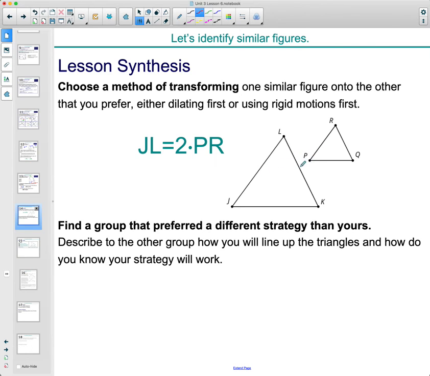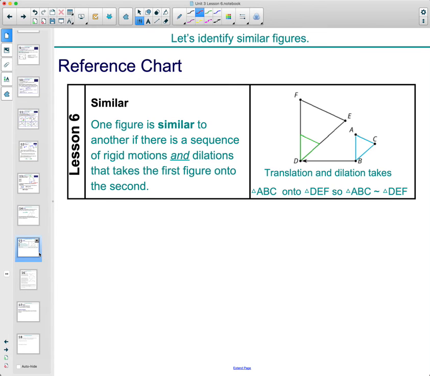So you could dilate this triangle first using a scale factor of 2, then translate it. Or you could dilate this big triangle using a scale factor of 1/2, the flip of 2, and then translate. So there are different ways to do it with the same outcome. Pause the video here and you can get this written in your reference chart.